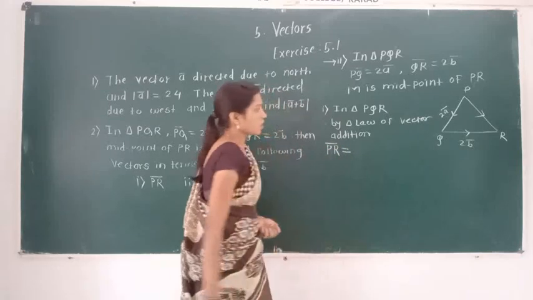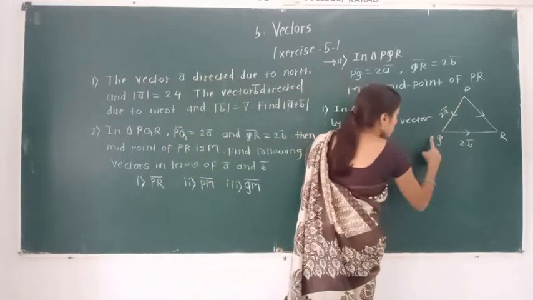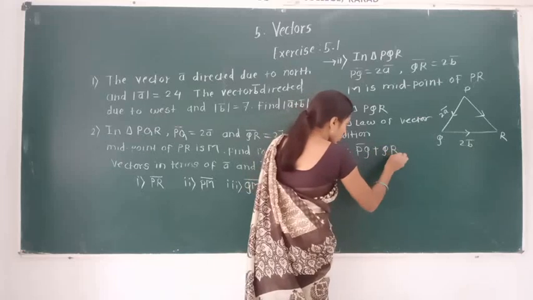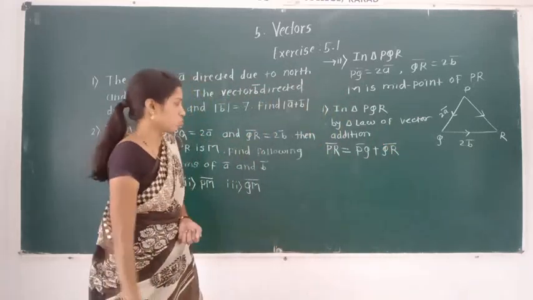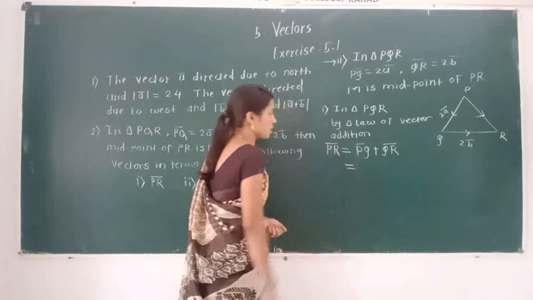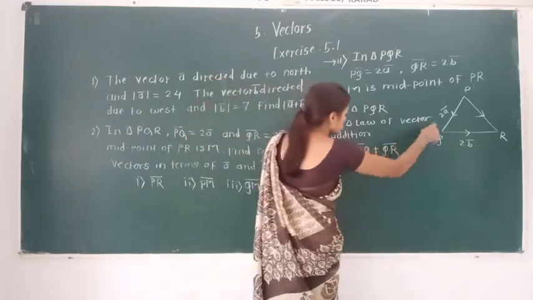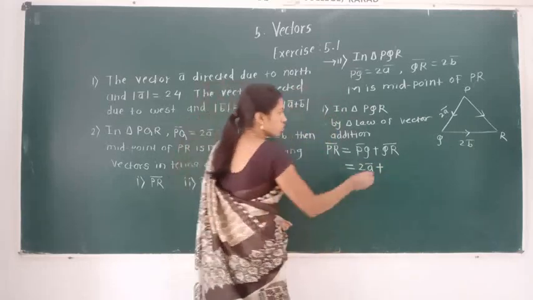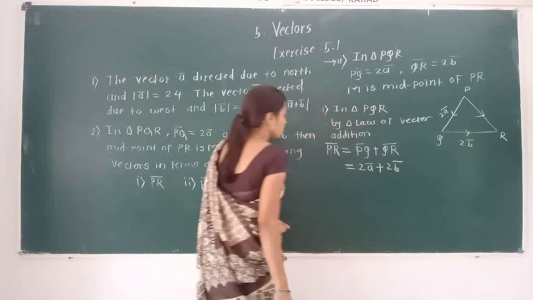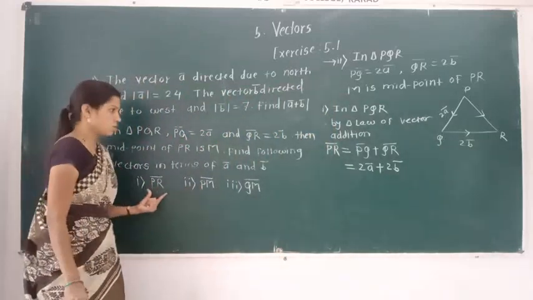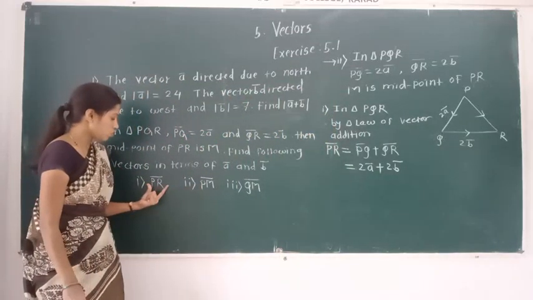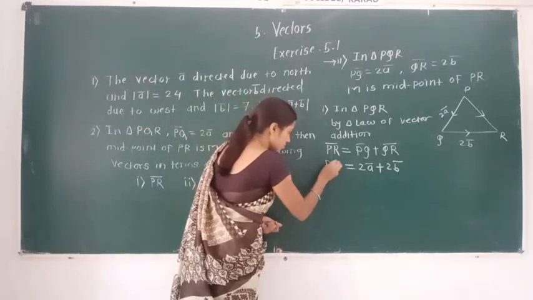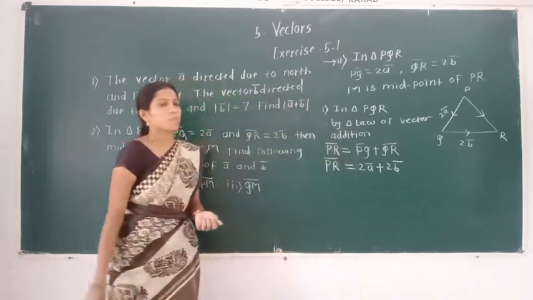PR bar we can write as the sum of PQ bar plus QR bar. PQ bar is given as 2a bar, plus QR bar is also given as 2b bar. Means the first bit is to find the value of PR bar, and the value of PR bar is 2a bar plus 2b bar.